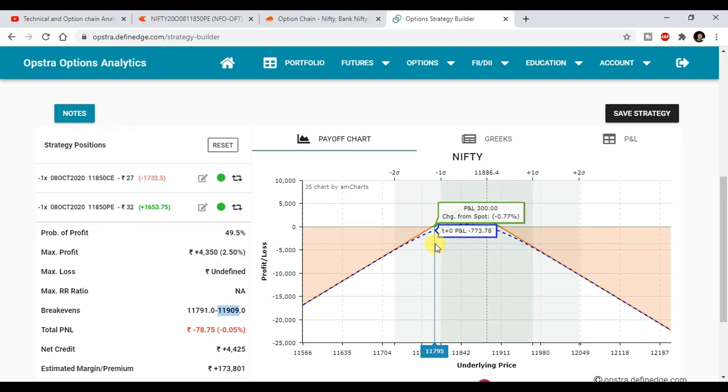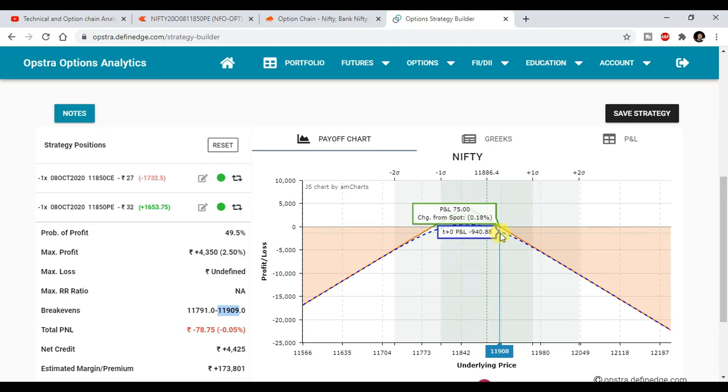Our profit would be 0 at these strike prices, and the maximum profit we are going to get is around 4,275 at the price 11,848. This is how the short straddle works.